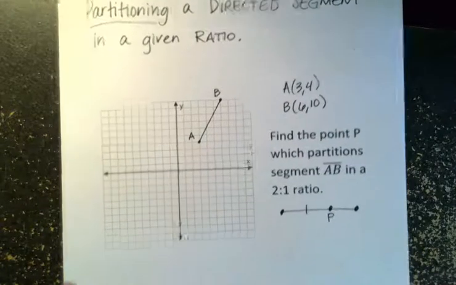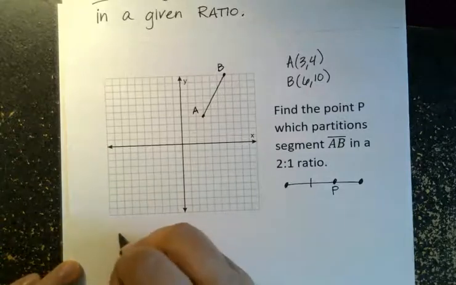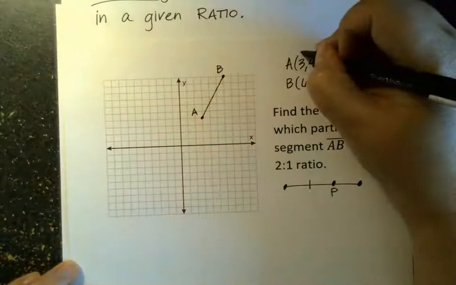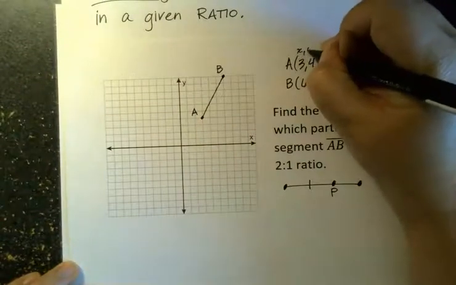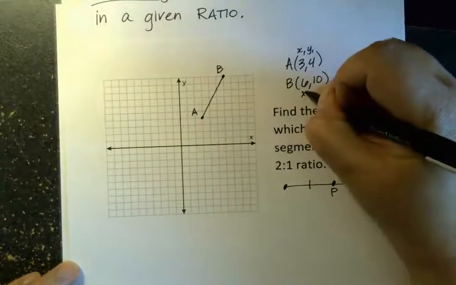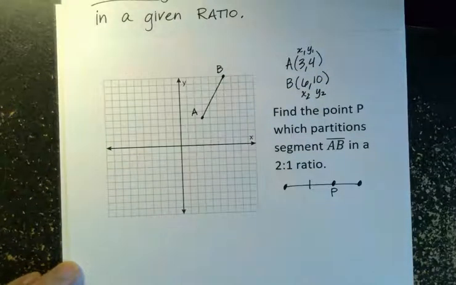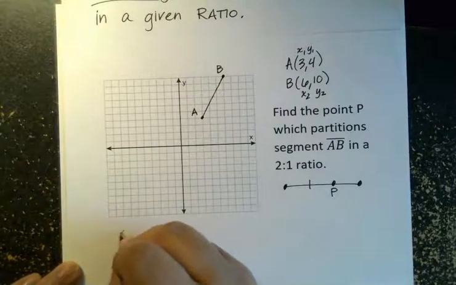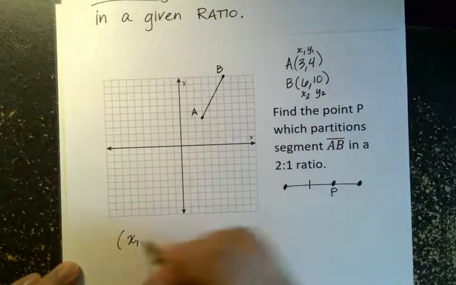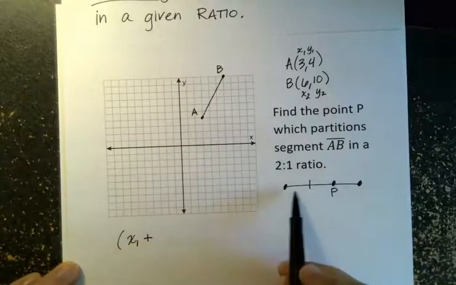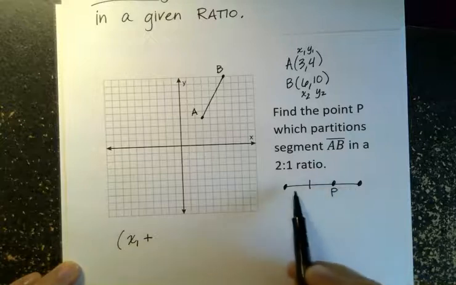Okay, so here's how the formula works. First, I label my two points, just like when we do slope or distance formula. One of them is point 1, one of them is point 2, so x sub 1, y sub 1, and x sub 2, y sub 2. And then the formula says you're going to take your starting x and add to that, we said there's 3 parts, right?